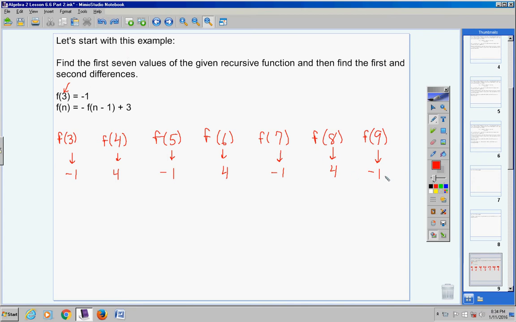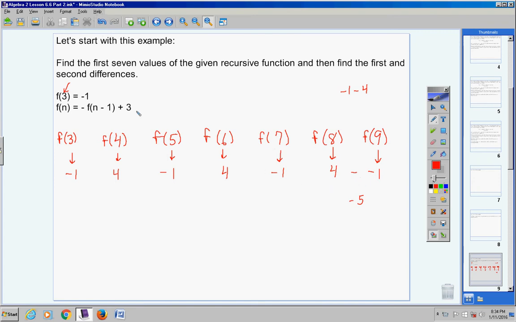You start from the left with your values, and you subtract every 2 numbers like this. You take your first number here, negative 1, minus 4. Okay? So negative 1 minus 4 is negative 5. Put that right here. So you subtracted these 2 numbers, and you got this. Now most of you are used to going 4 minus negative 1.